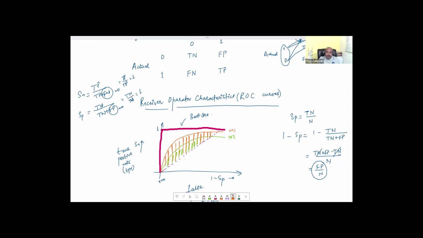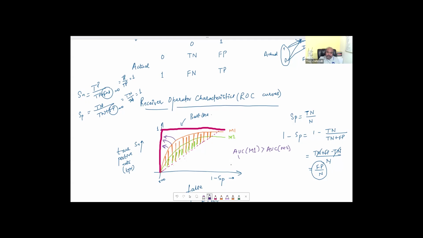This is what we are talking about, area under the curve. The area under the curve for model M1 is greater than for model M2, hence model M1 is a better model. The other way to think of it is that model M1 is closer to the true positive axis and hence is a better model.